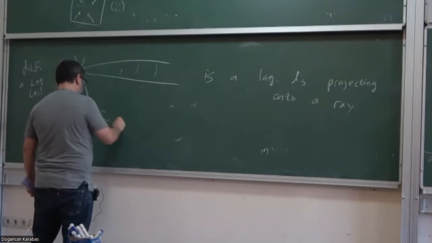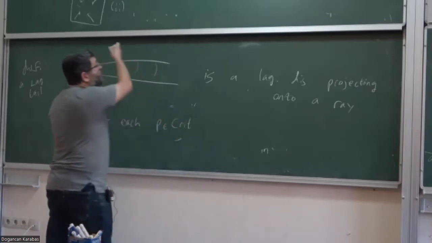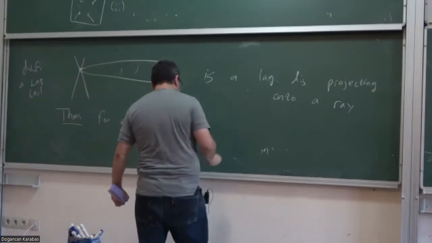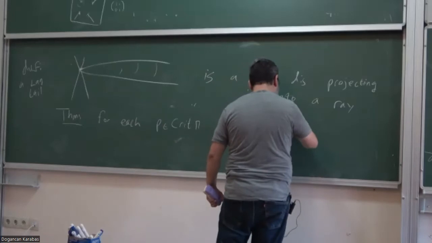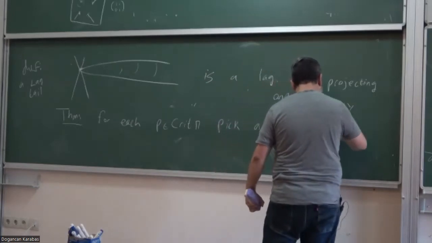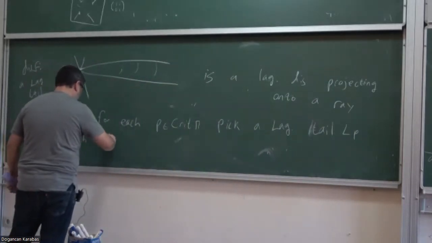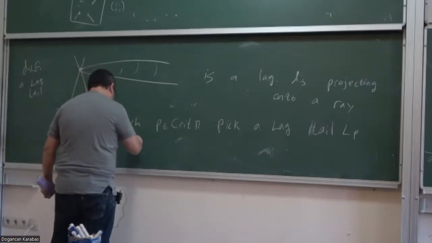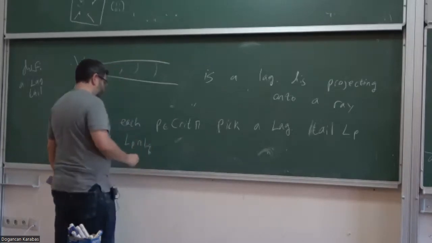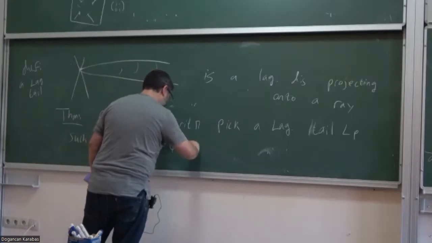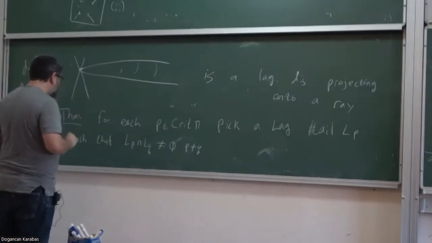Then the theorem: for each focus point p, pick a Lagrangian tail LP such that, for simplicity, I will just say something more limited than usual, the LP are pairwise disjoint, though we don't usually need this.